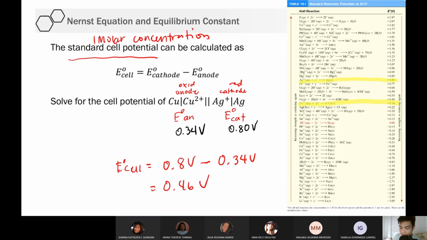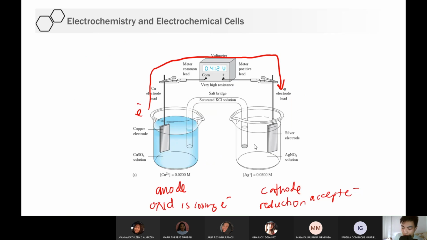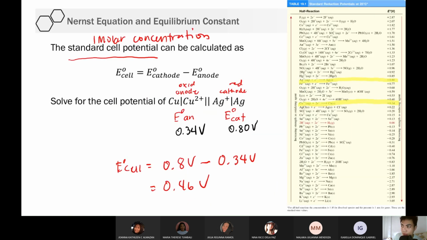'Di ba kanina, nasa left yung anode, nasa right yung cathode. Ganun din pag ganyan yung itsura. Okay, ito yung left beaker, ito yung right beaker, and itong double line in between, that is the salt bridge, no? Okay, so it will be discussed, no? Ito madi-discuss sa lab, no? Don't worry. So, i-cover din to sa lab. Okay, so ganun lang.